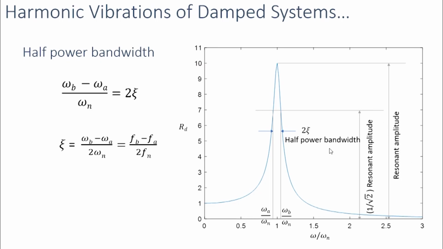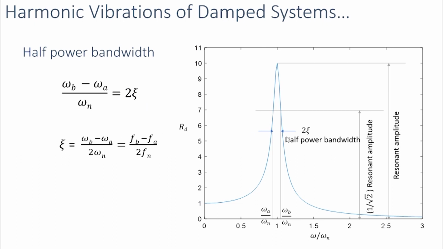Now we can find two frequencies on either side of this resonant frequency, where the amplitude is equal to 1 by root 2 of the resonant amplitude. And we can prove that the difference between these frequency ratios is equal to 2 zeta. That means (omega b minus omega a) by omega n is equal to 2 zeta.